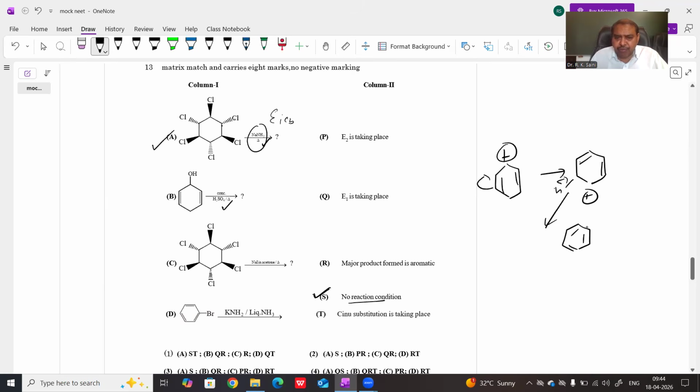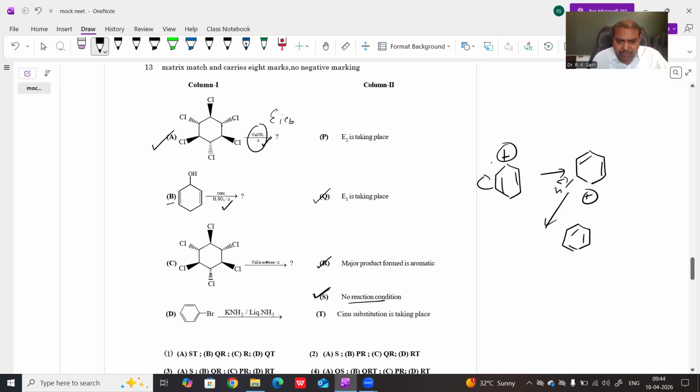Removal of H plus after formation of the carbocation means an E1 reaction and the major product is an aromatic compound. Therefore, for compound B, Q and R are correct.